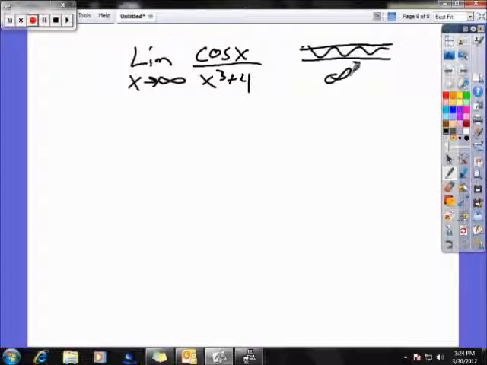So infinity cubed is going to get much bigger than this cosine x, alright? And so this limit is going to be what? So if the bottom's getting bigger and the top's not, the top's staying within this range, and the bottom's getting bigger, then your whole limit's going to be bigger.